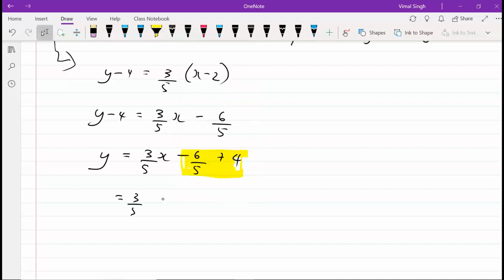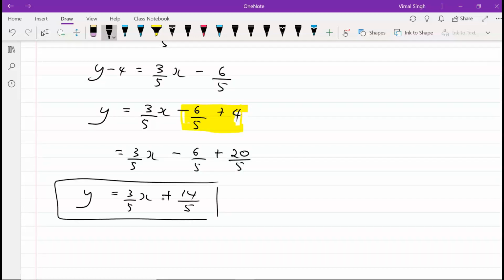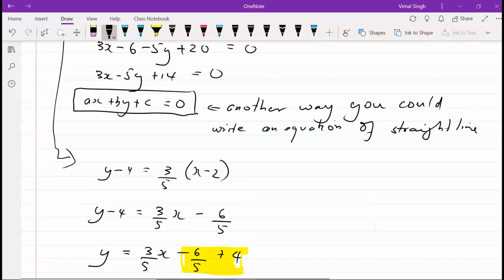That is going to be 3/5 x minus 6/5 plus, now this is 4 wholes, so that is going to be 20/5. And now I can write this as 3/5 x plus 14/5. And that is the equation of a straight line in the form y is equal to mx plus c.